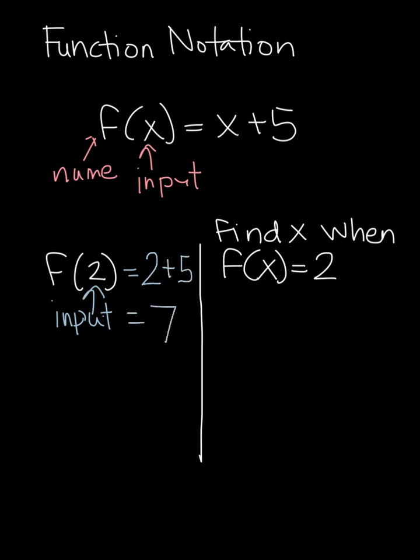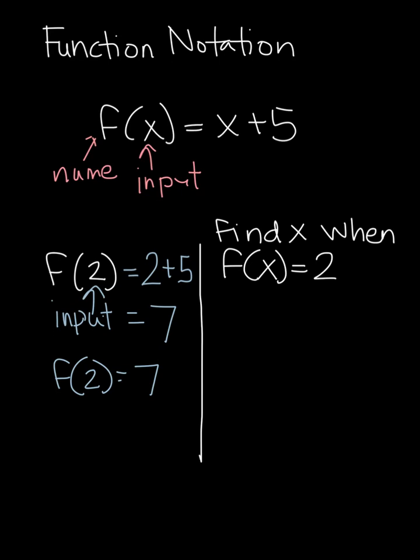So 2 plus 5 makes 7. Problem is done there. If we label it, we'll say f of 2 equals 7. That reminds us that the function we used was named f. We put in a 2, and we got out a 7.